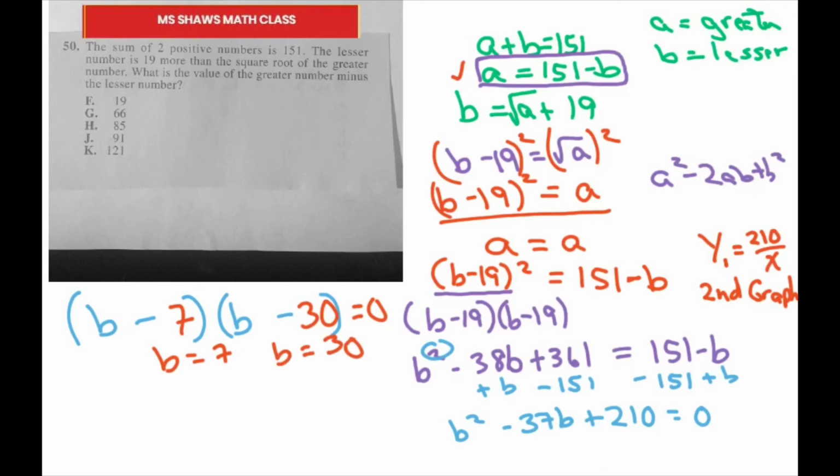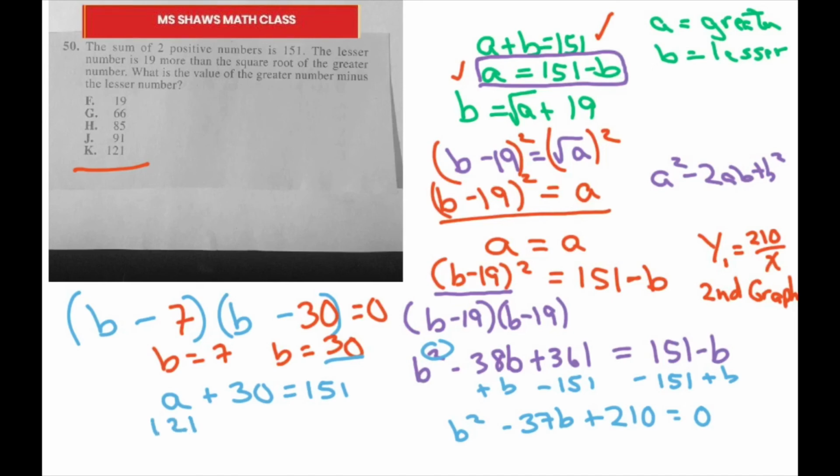Now we've got to look at the answer choices. So if I go back to my original equation, I'm going to go ahead and try the 30. So I have A plus 30 equals 151. So I know my A is 121. I can just tell by looking.